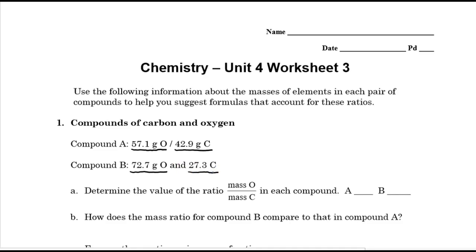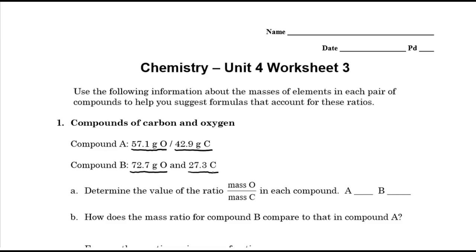Now remember, this shouldn't be entirely surprising based on what we added to our story so far. We know from the work of people like Lavoisier and Dalton that you can have elements combining in multiple ratios. They don't always have to combine in the same ratio, but they do have to combine in whole number ratios.